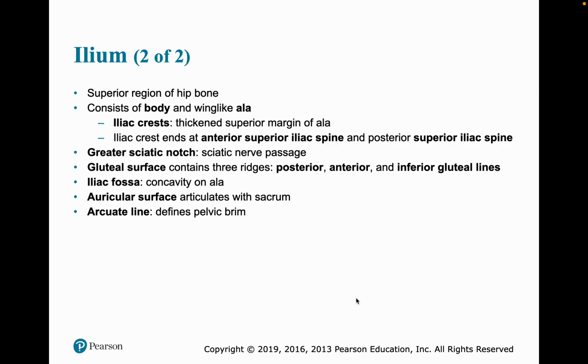The gluteal surface has three ridges: posterior, anterior, and inferior gluteal lines. Those are places where the gluteal muscles will attach. The iliac fossa is a concavity on the ala. The auricular surface articulates with the sacrum, and the arcuate line defines the pelvic brim.